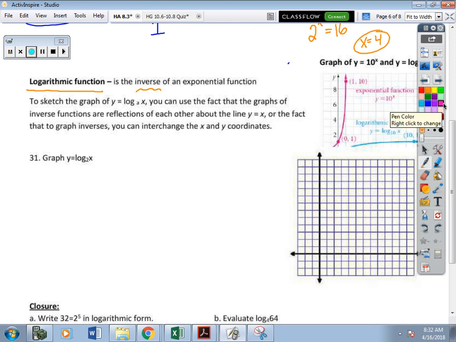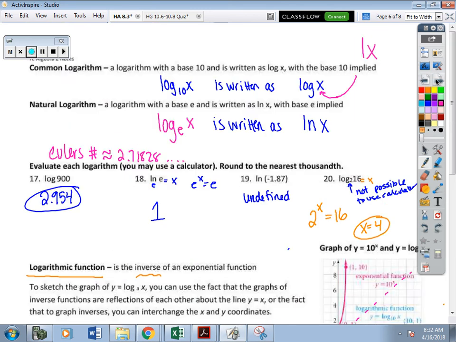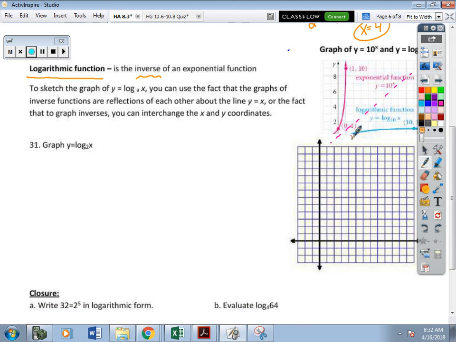So there's 2 ways that you can graph, okay? So to sketch the graph, you can either use the fact that the graphs of the 2 functions, remember that they are reflections across the line y equals x. So you can change this to exponential, graph the exponential function, and then reflect it across the line y equals x. But a lot of you, whenever we did inverses, did not like this.